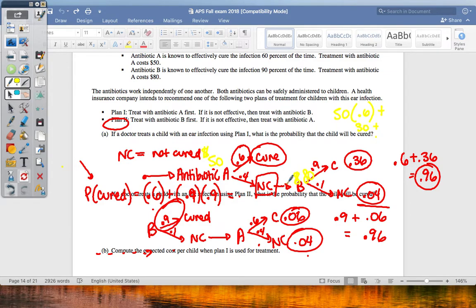So let me make sure. Compute the expected cost when Plan 1 is used for treatment. Well, here's the deal. I'm going to spend $50. Let's do this. Let's start with this. $80 is my end, right? So I could either spend $80 or 50 times 0.6. Hold on just a second. Let me make sure.